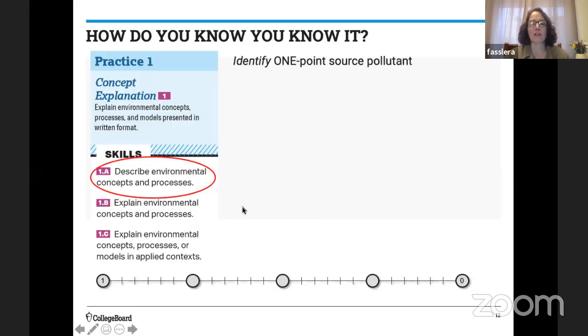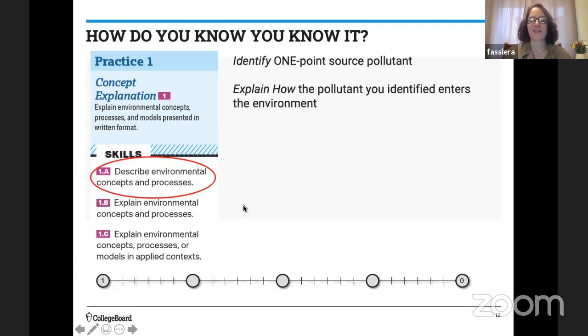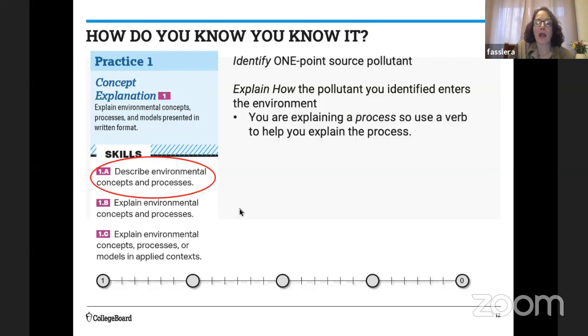So let's just do a quick little check and see how this topic may be assessed on an FRQ exam. Identify one point source of pollution and explain how that pollutant that you identified entered the environment. What you want to keep in mind is that that process of explaining, that skill of explaining, that's a verb.